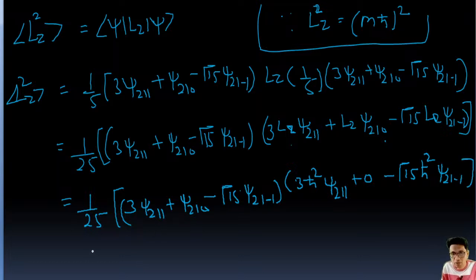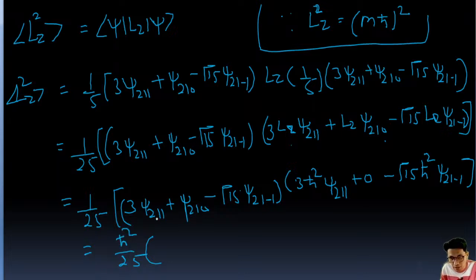Now we'll operate it, so it is going to be 1 upon 25. Okay, so we'll solve it. So this is going to be 3 3s are 9, h cut square will take common. So we'll take h cut square outside.